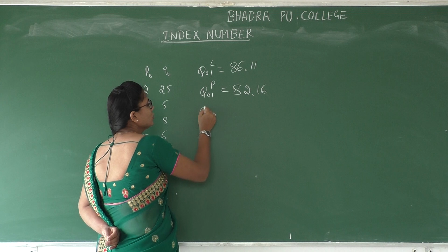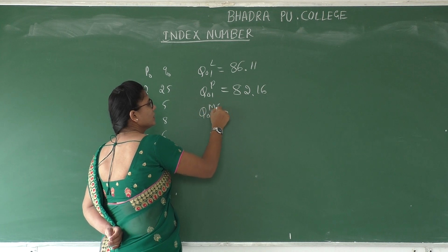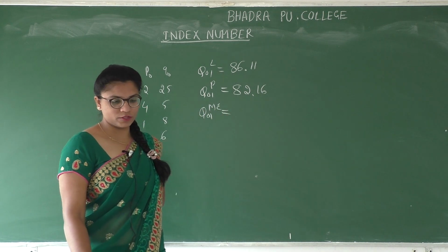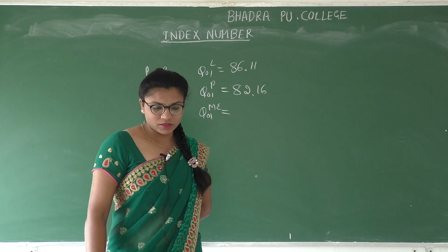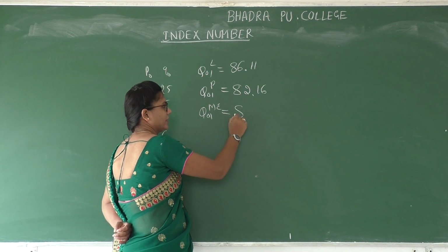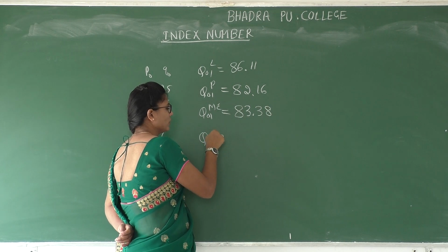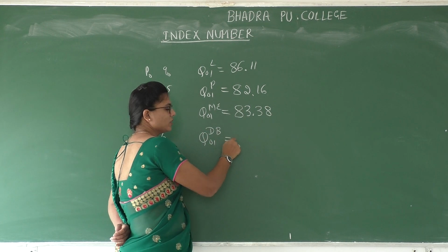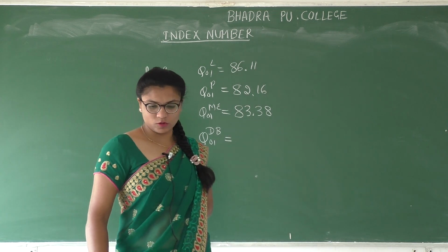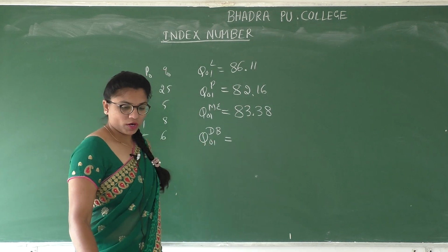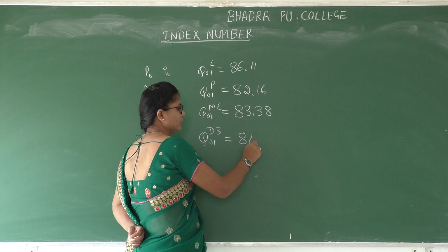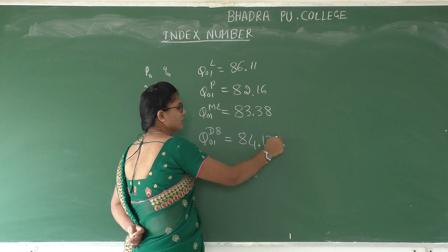And then Q01 ME, Marshall-Edgeworth, is equal to 83.38. Next, Q01 DB is equal to 84.135.